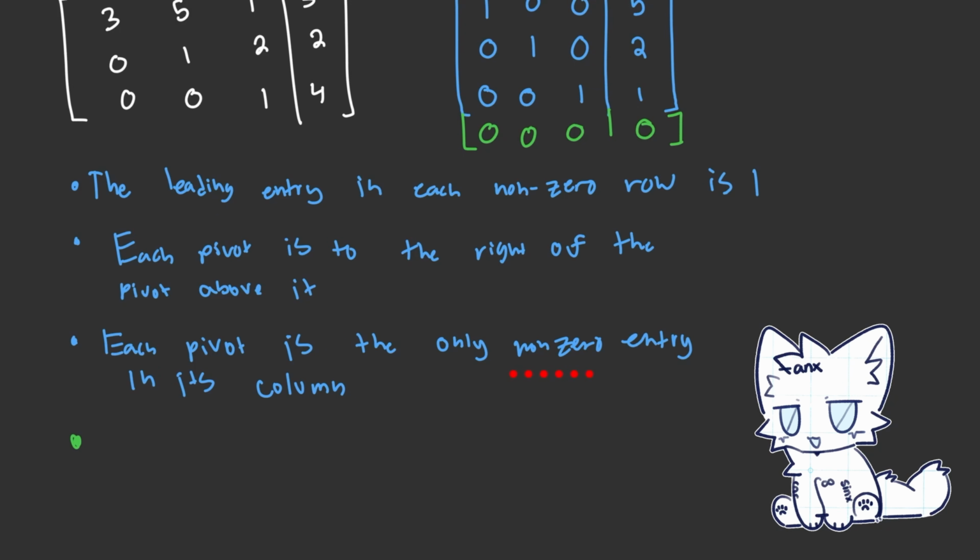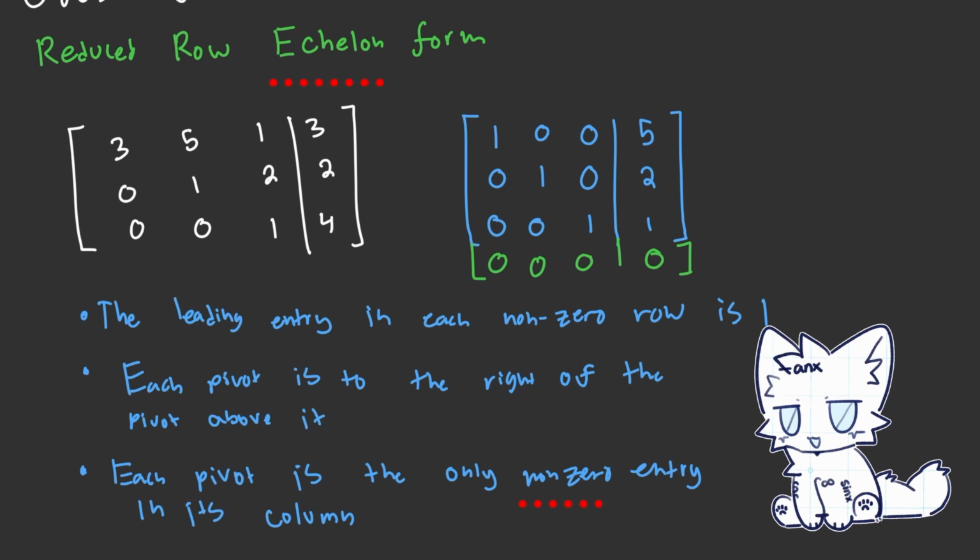If there is ever a row of zeros anywhere, like let's say the row of zeros was this row, all 0 rows need to be at the bottom. So if you remember, you can manipulate systems of equations, you can move them around, do whatever you want to them. Same thing applies here. All 0 rows need to be at the bottom.